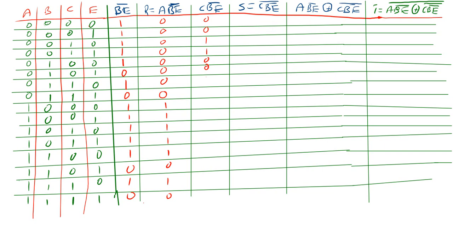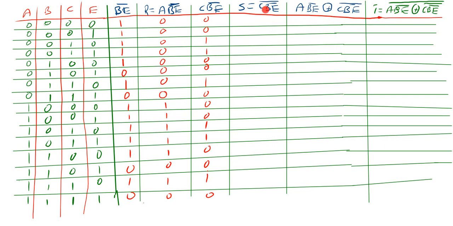Then we have a 1. We have 3 zeros. Then we have 1, 1. We have 2 zeros. And we have 1, 0. So that is CBE.